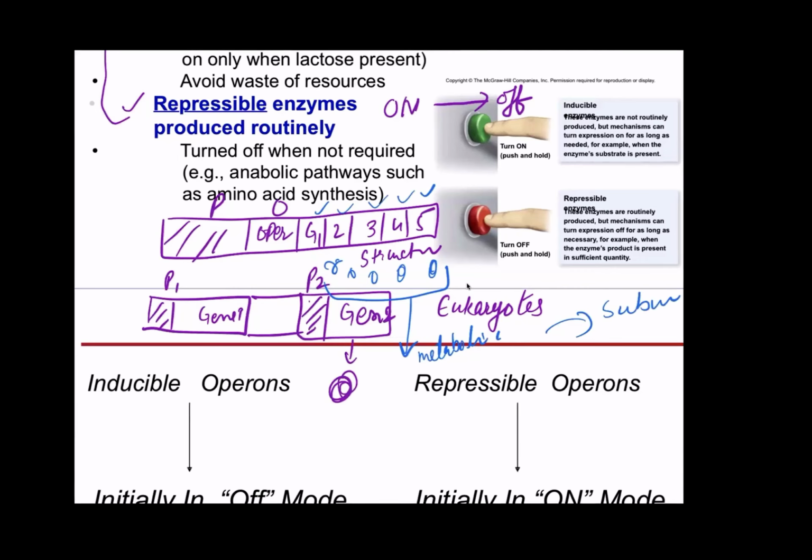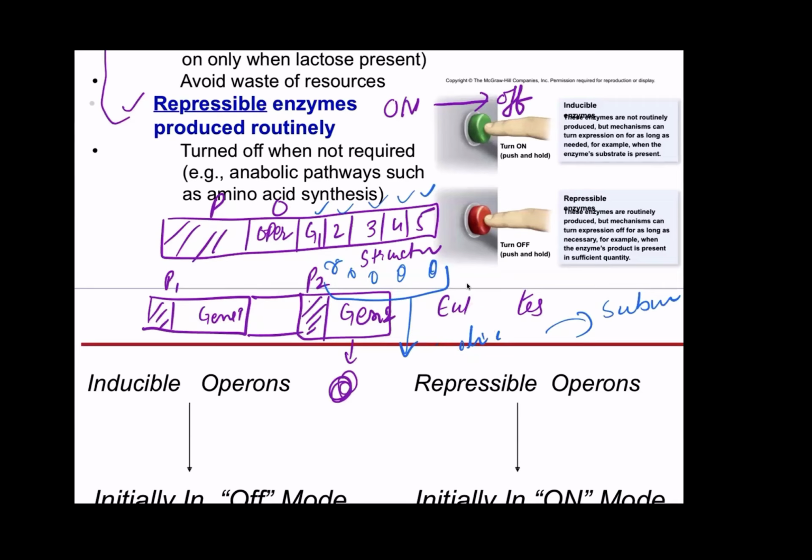So all these genes are under the control of the same promoter, and we call this an operon. Operons are found only in prokaryotes. First thing you have to know that. It's the most studied part in bacterial gene regulation in prokaryotes because it's simple.